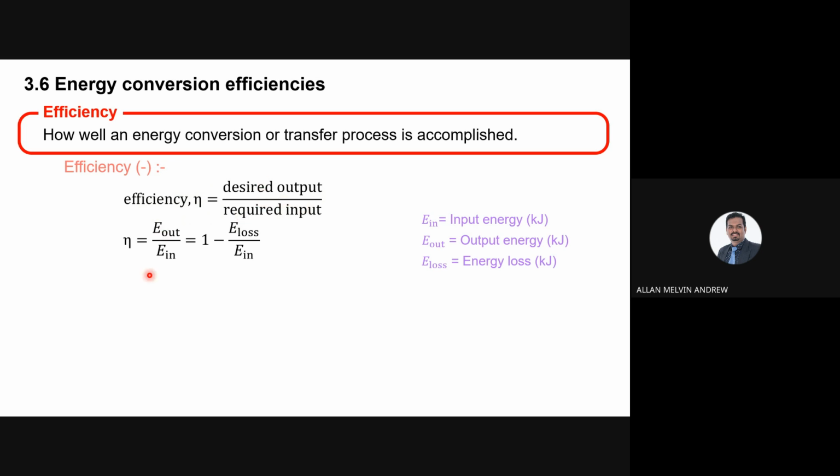You can also put it as E out over E in, energy out over energy in, or 1 minus E loss over E in. Normally we use this formula because we want to check how much energy is lost, but it depends on the information given in the question. If the question gives E out and E in, you can calculate directly. If it gives E loss and E in, you can use this side.